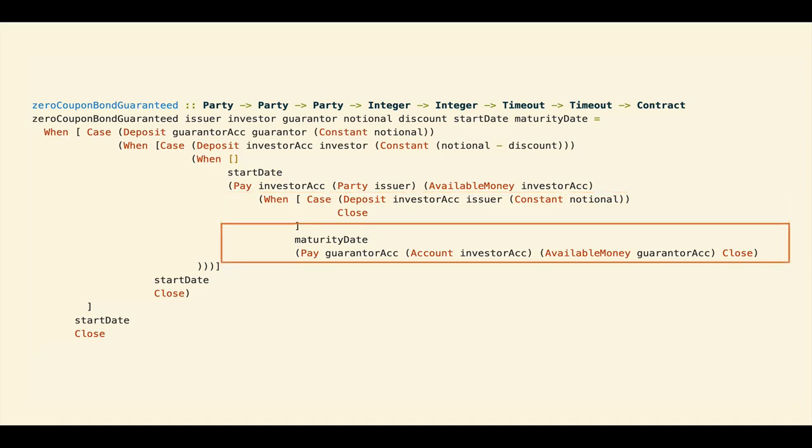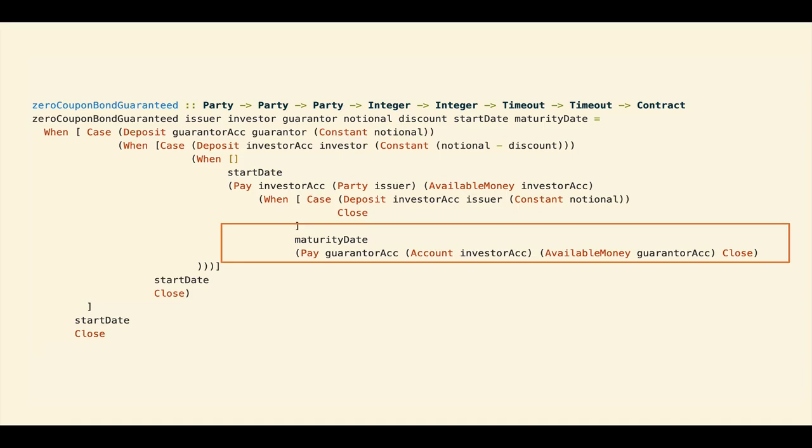So presumably the issuer will only put it in close to maturity date. But if we hit maturity date and the issuer hasn't made the payment, then we make a payment from the guarantor account to the investor account, the available money in the guarantor account, which we know is the full notional value.